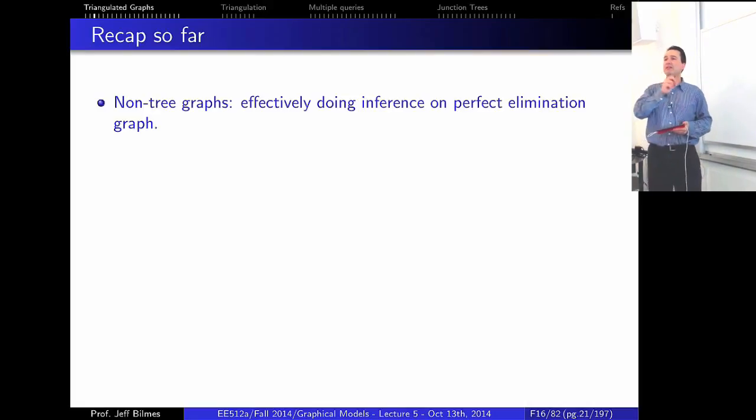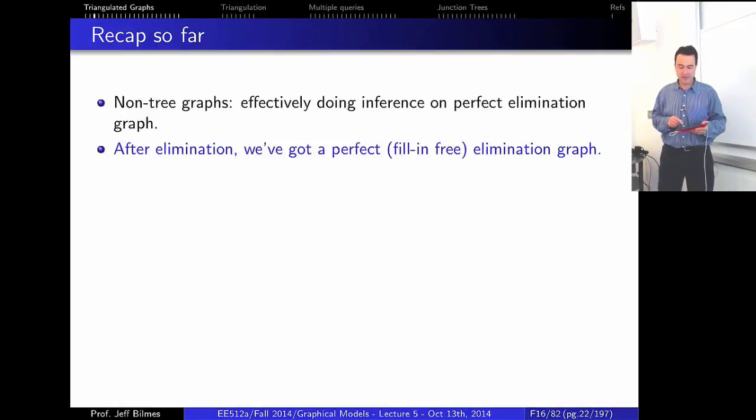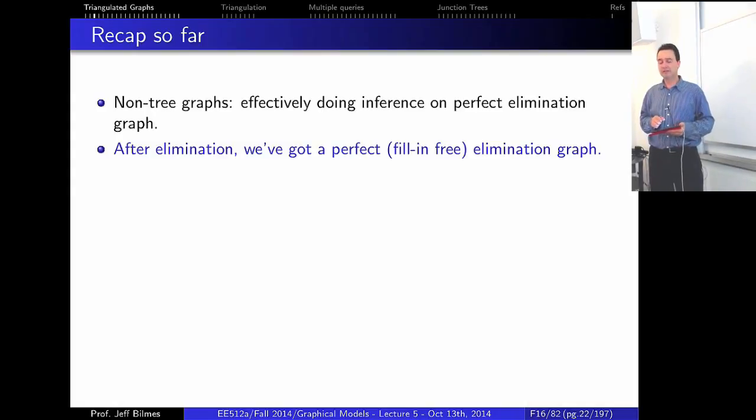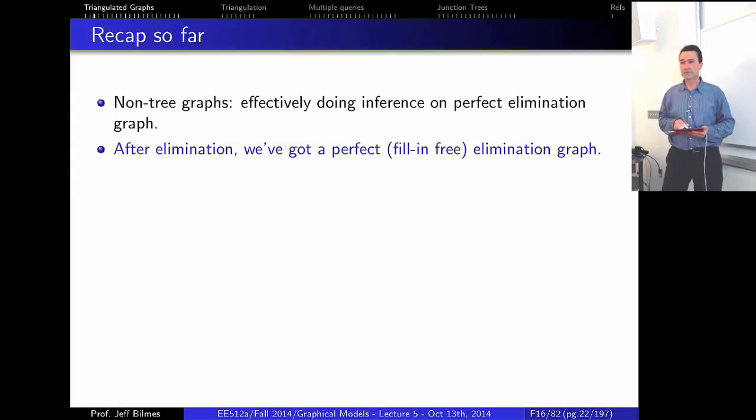And since elimination run on that reconstituted graph yields the same set of neighbors, we might as well computationally have started from a perfect elimination graph to begin with. So it seems like for doing exact inference with the elimination process, dealing with perfect elimination graphs is inevitable. So then after elimination, we've got a perfect, namely a fill-in free elimination graph.